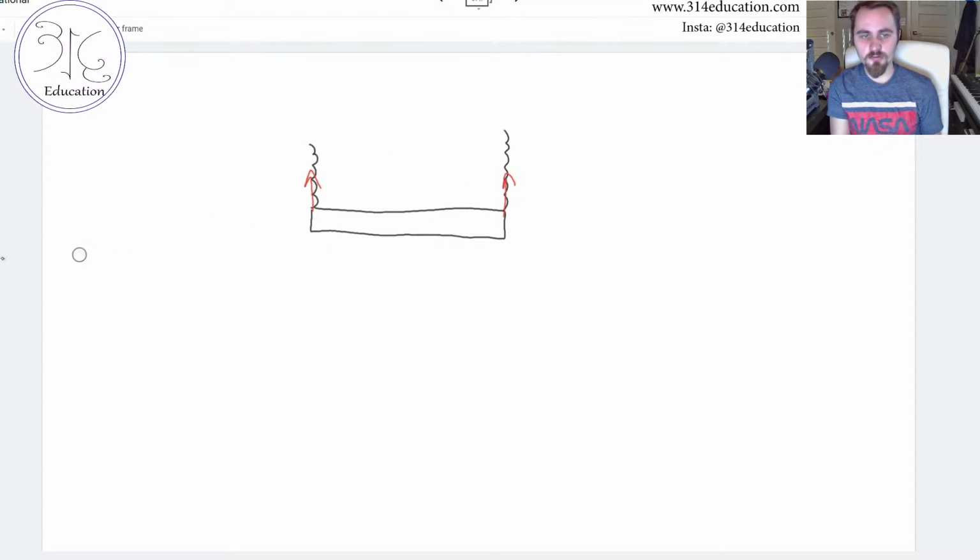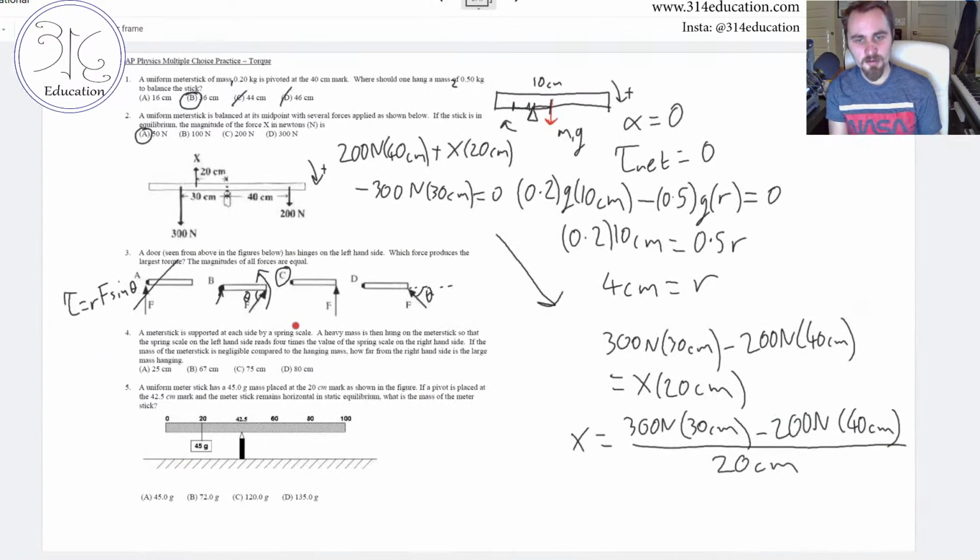Based on the distribution of where the force is, that tells us where we expect our mass to be hanging. Let me double check again. The condition we want to satisfy is that the left-hand side reads 4 times the value of the right-hand side. So we expect our mass to be hanging towards the left.